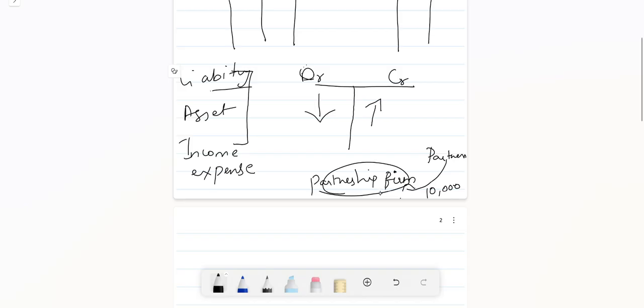Here you need to understand that this money which I am getting is a liability which I have to pay back to the partners at a later stage. So whenever the partner gives amounts to the partnership firm, it will come on the credit side. Whatever the balances are there, they're always on the credit side.